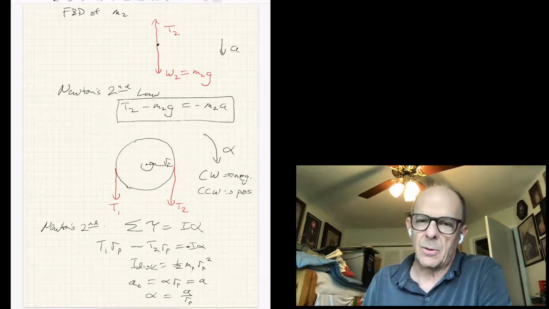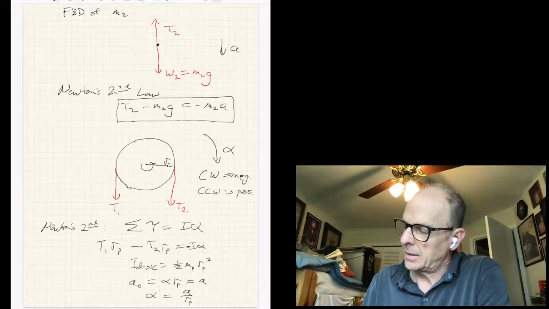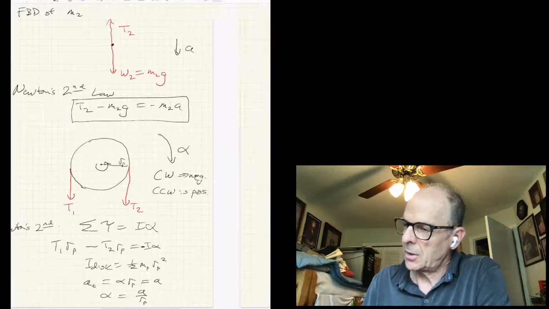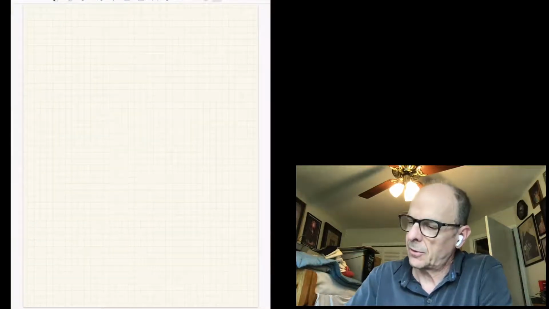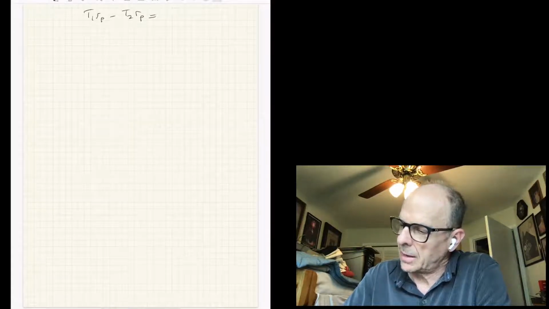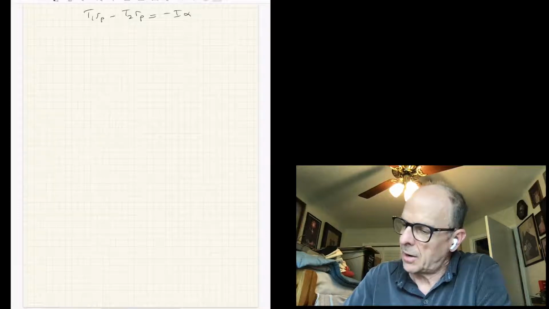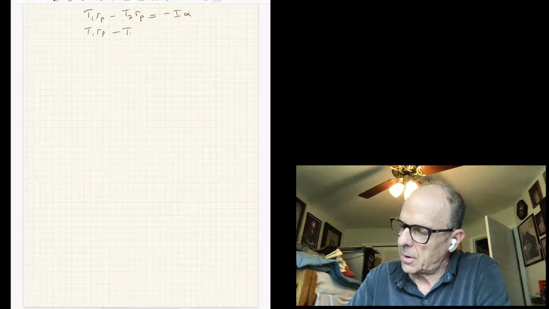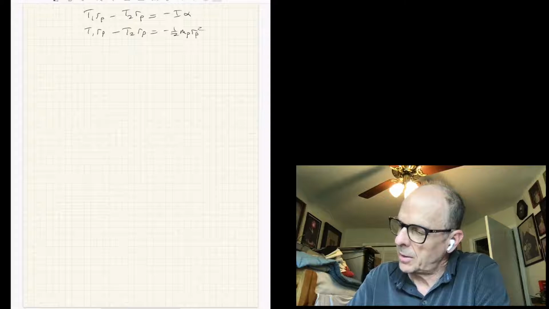So now let's go and rewrite this torque equation, Newton's second law for torques, where we had T1 RP minus T2 RP is minus I times alpha. That becomes T1 RP minus T2 RP is minus 1/2 MP RP squared.